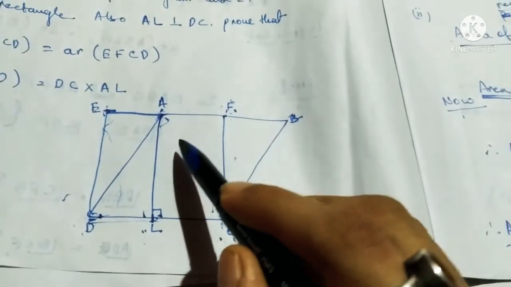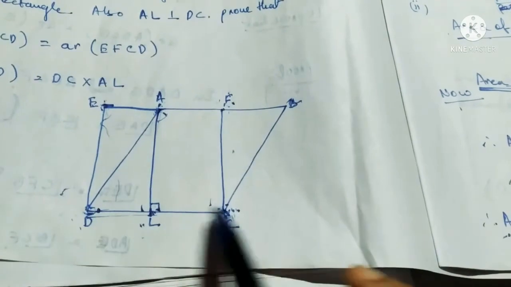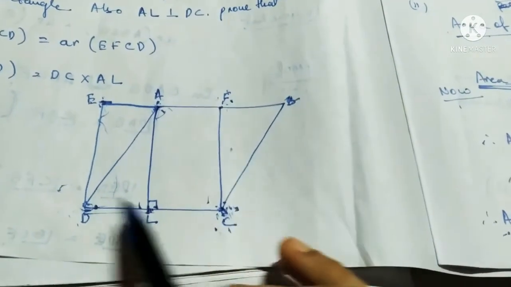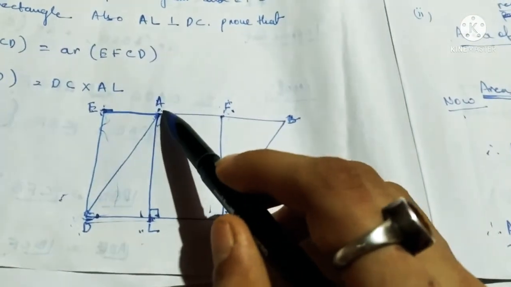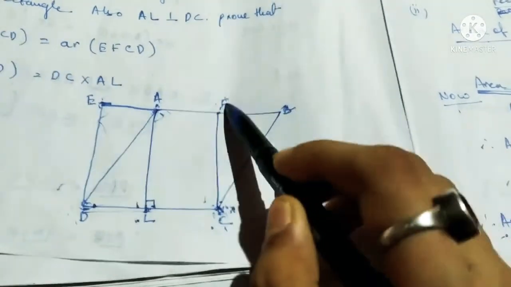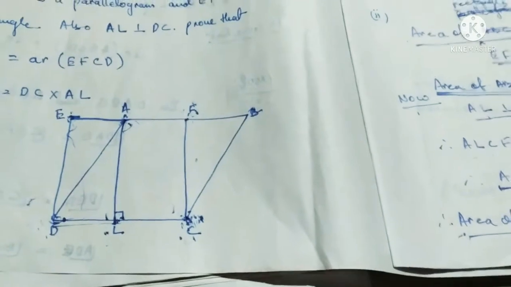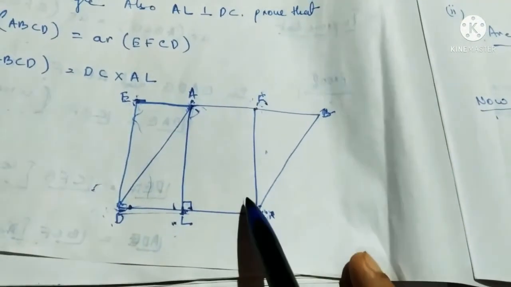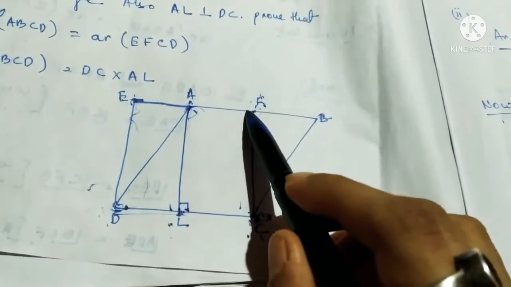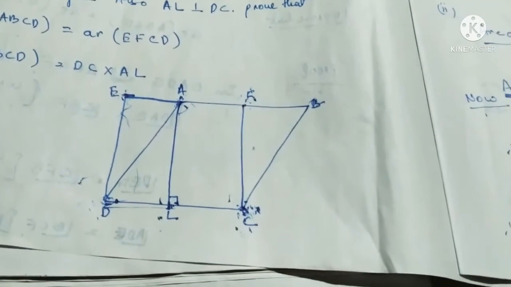Understand? Next you see, since AL is perpendicular to DC, I can say that ALCF is a rectangle. Because EFCD is a rectangle, this angle will be 90 degree, this angle will be 90 degree.